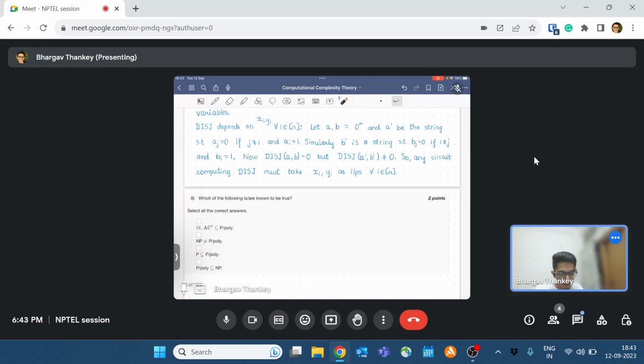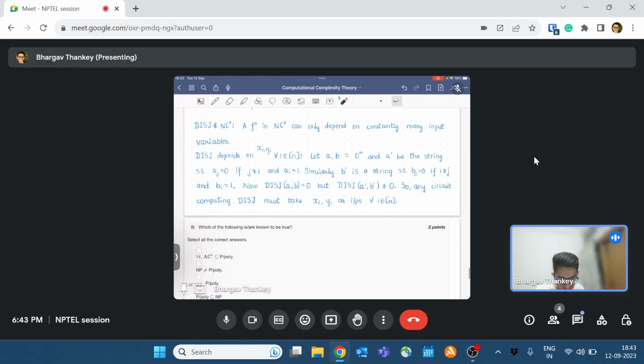Okay, yeah. So we have four strings A, B and A prime, B prime. I should write primes everywhere. So we have these four strings, and disjoint of AB is zero, but disjoint of A prime B prime is not zero because Ai Bi is one, right?